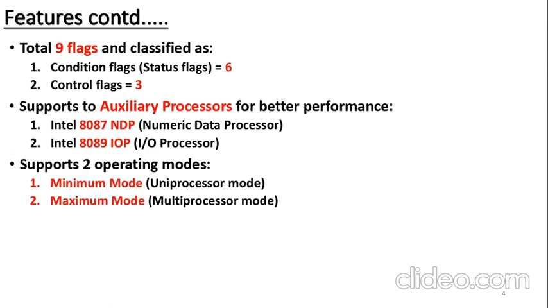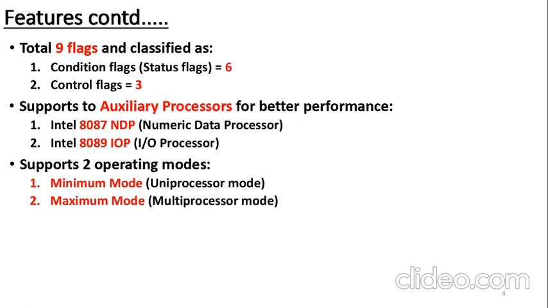Next, this processor supports two operating modes. One is known as minimum mode and the second is maximum mode. As stated, minimum mode is a uniprocessor mode where the entire design contains only the 8086 as the single processing unit. There is no auxiliary processor connected; there is no provision.